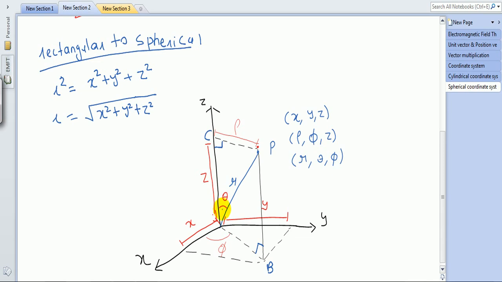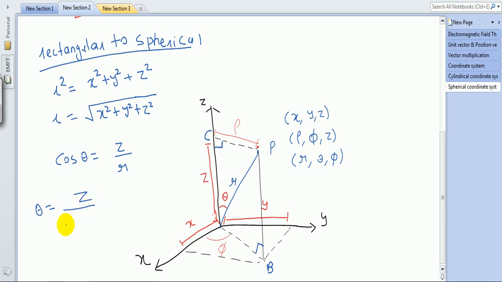Cos theta will be nothing but z divided by r. It is a trigonometric property that cos theta is equal to base upon hypotenuse, and here base is z and hypotenuse is r, and r we have already related in terms of x, y, z. So we can write theta in terms of x, y and z.